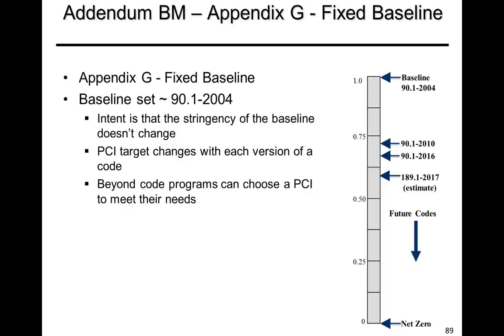So each subsequent code will reduce the performance cost index target, and beyond code programs can choose a performance cost index target below the current code to the extent that they feel comfortable with. And as you can see, it progresses from the baseline, here we are 2010, 2016, down eventually hopefully to net zero, a performance cost target of 0.